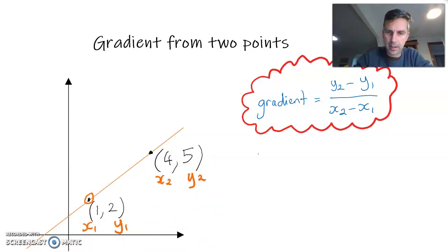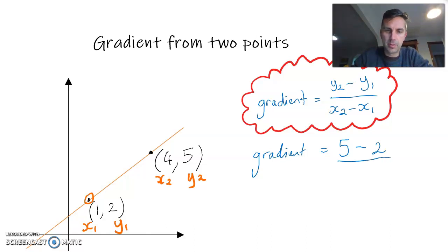So now when we actually go to work out our gradient, what I'm going to do is just use this formula and substitute in the numbers. Now I do just need to be a little bit careful sometimes. So y2 is 5, take y1, which is 2, and that's all divided by x2, which is 4, take x1, which is 1.